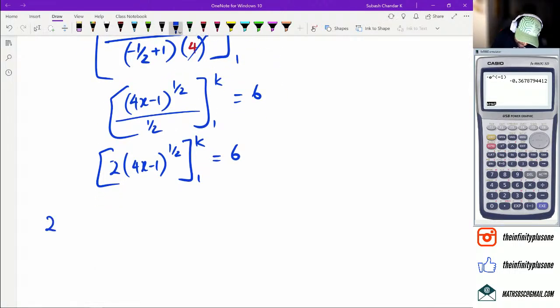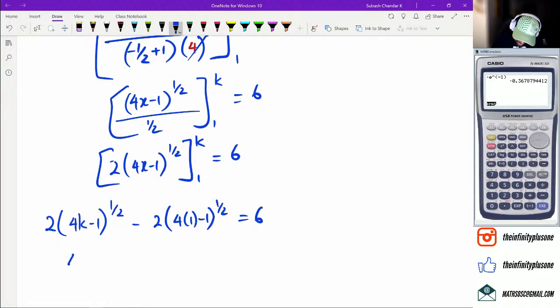At this point, we just substitute. So we've got 4k minus 1 to the power of half minus 2 times 4 times 1 minus 1 to the power of half equals 6. Get rid of the 2.